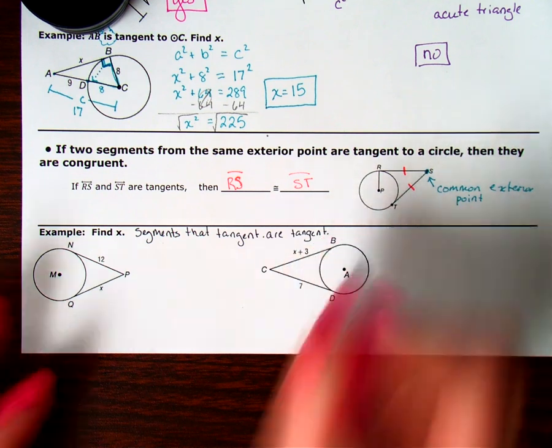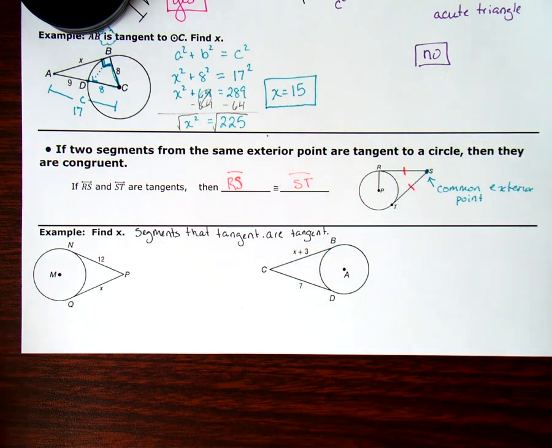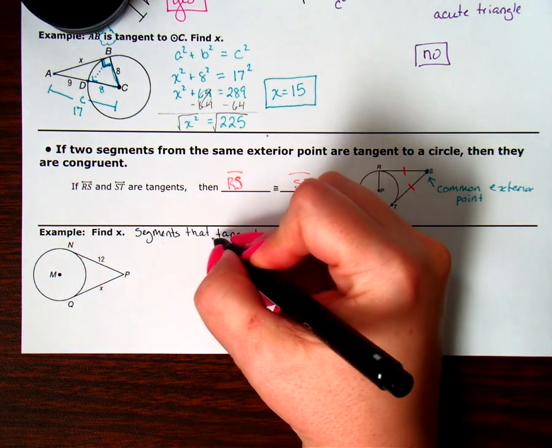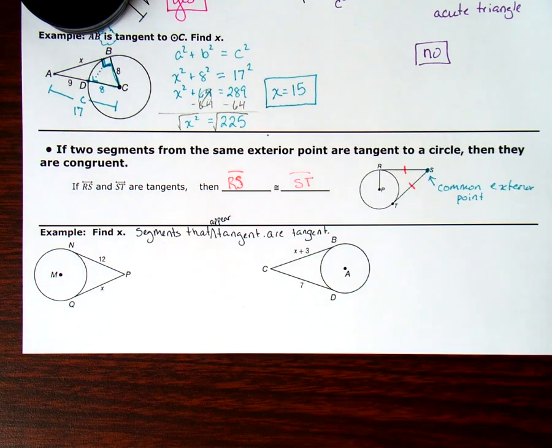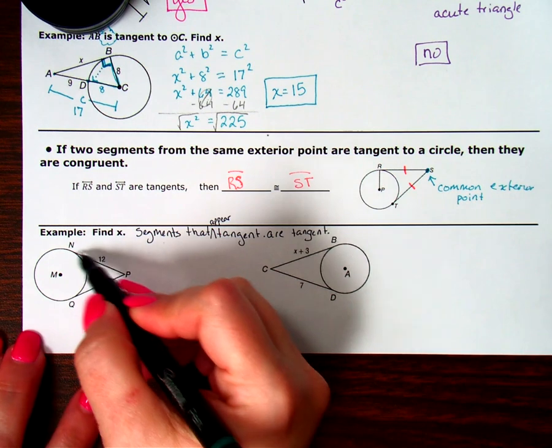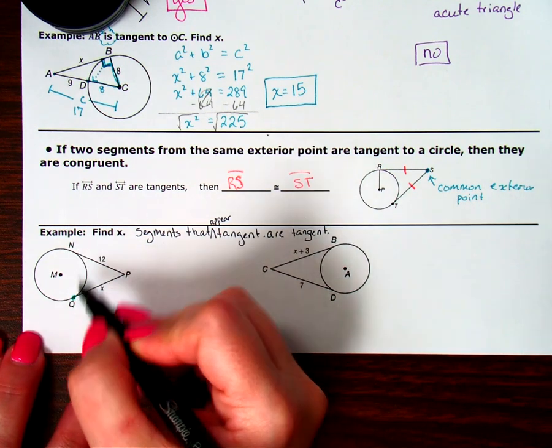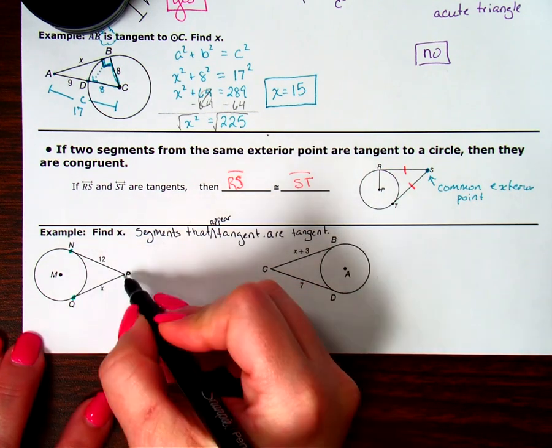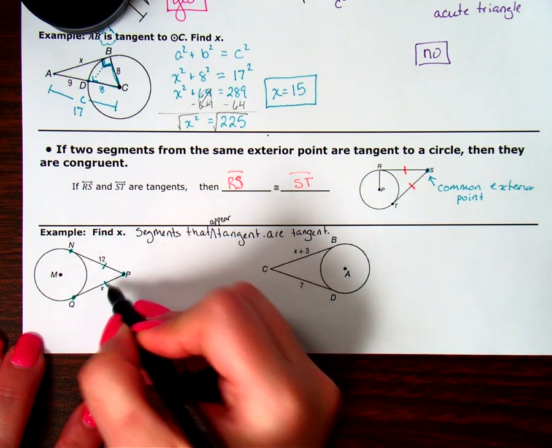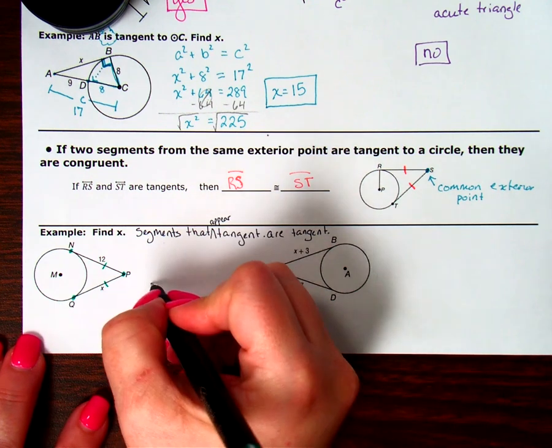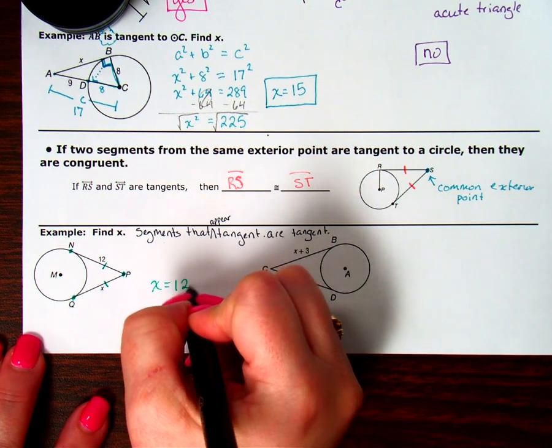Because remember, we're real big in geometry about never assuming anything. So segments that appear, oops, I forgot to write the word appear, tangent are tangent. Okay? All right, so when I look at this one, these two segments appear to be tangent with these points of tangency. Here's my common exterior point, so that means that the 12 and the x have the same length. So x equals 12.